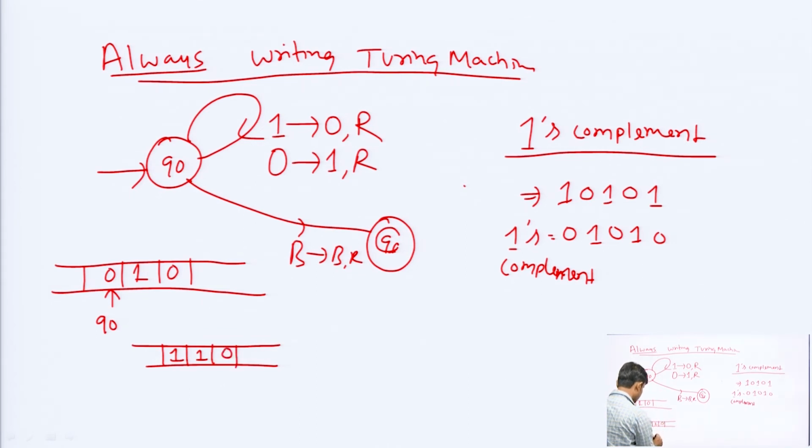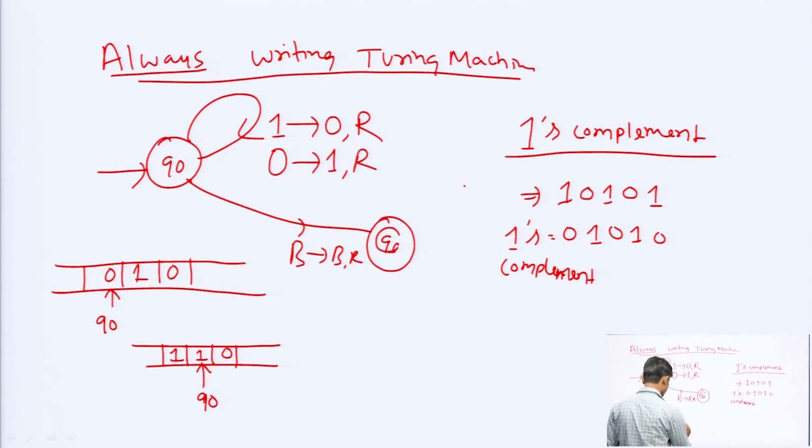Now q0 points to 1. When q0 reads 1, you see the diagram, your head points to 1 now, this 1 is replaced by 0 and move right.